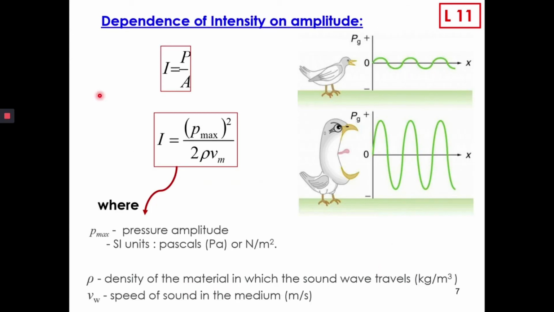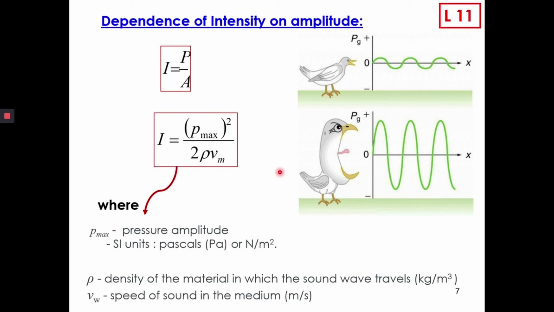And the second one is the dependence of intensity on amplitude. These two diagrams are an analogy about the amplitude, where the second figure has a greater amplitude of sound wave compared to the first one.